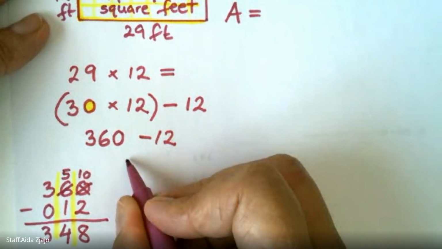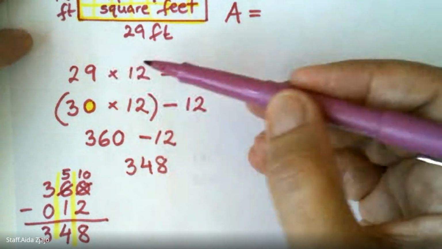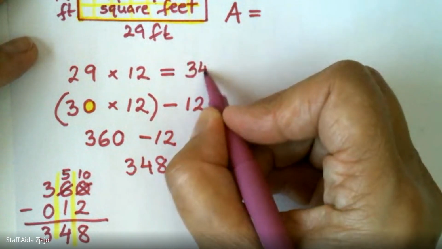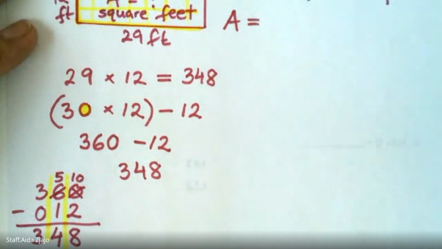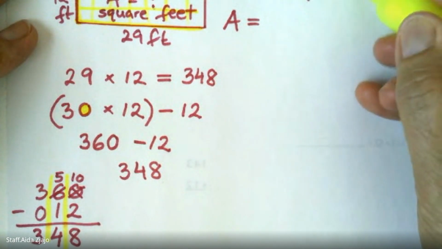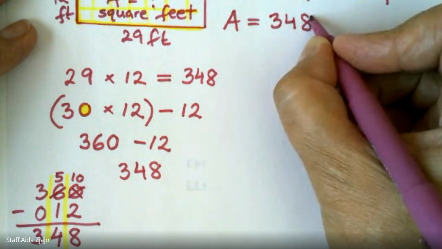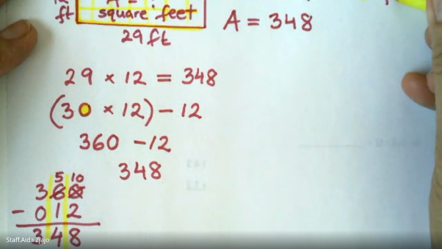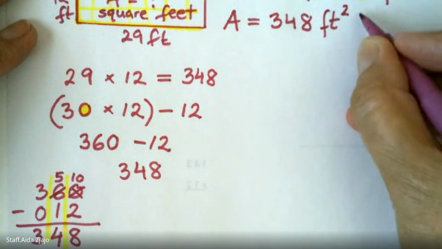So the final answer is 348. So 29 times 12 is 348, and then feet times feet is square feet.